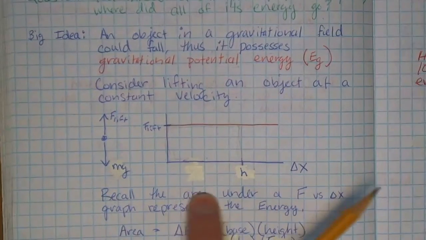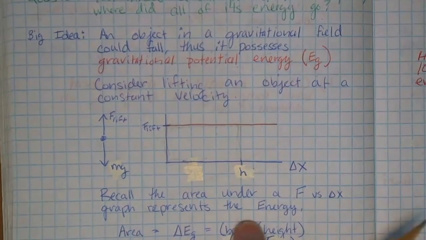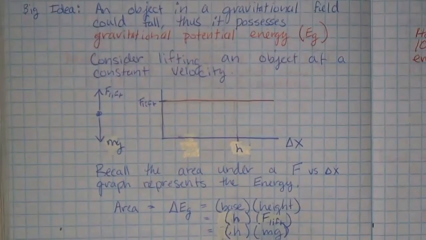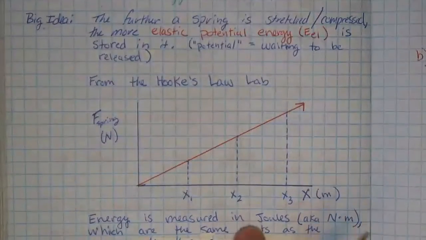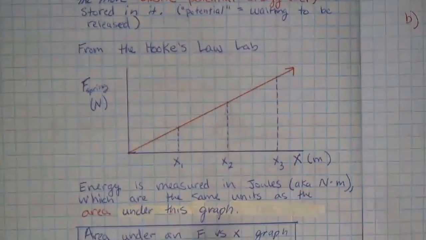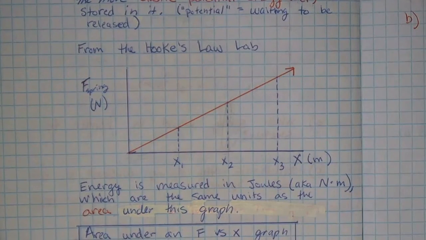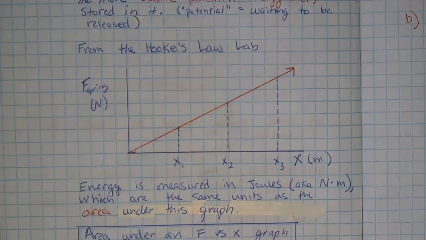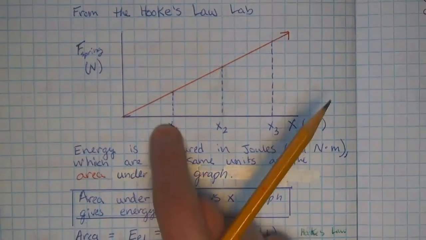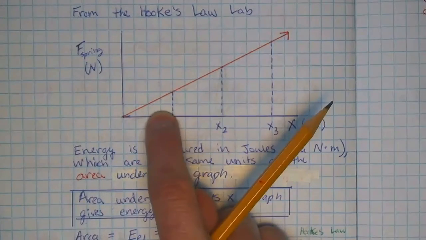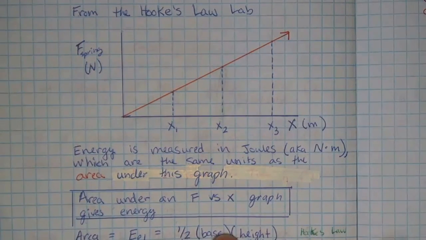It says, recall that the area underneath a force versus x graph represents the energy. We did that when we made a force versus x graph for the elastic energy. We said the area underneath a force versus x graph gives you energy. That is true for any force versus x graph. In that case, the area was a triangle, and so hence the 1/2 base times height.